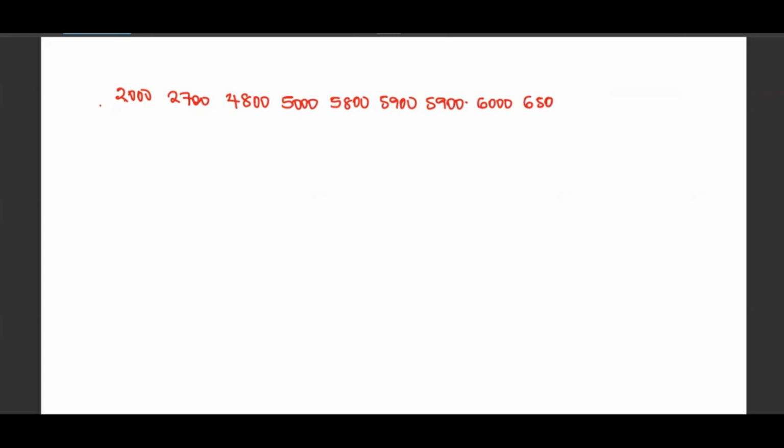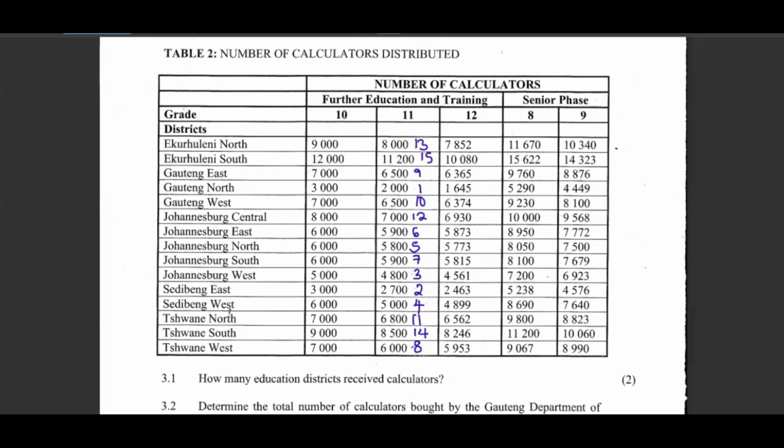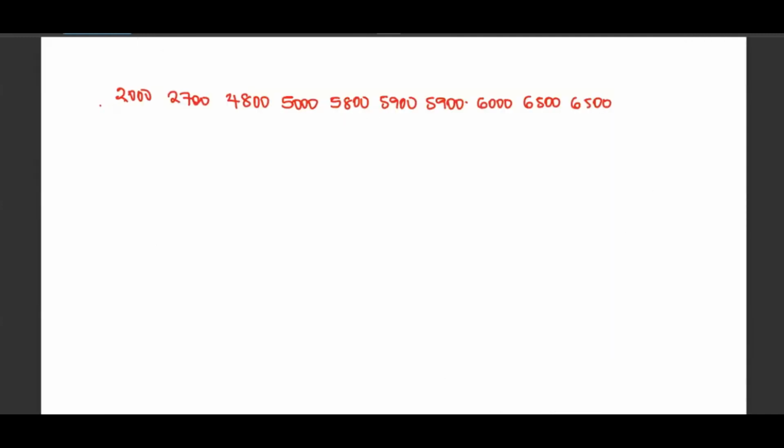We have 6,500 twice. Then we have 6,800. Then we have 7,000. We have 8,000, 8,500. And we have 11,200.